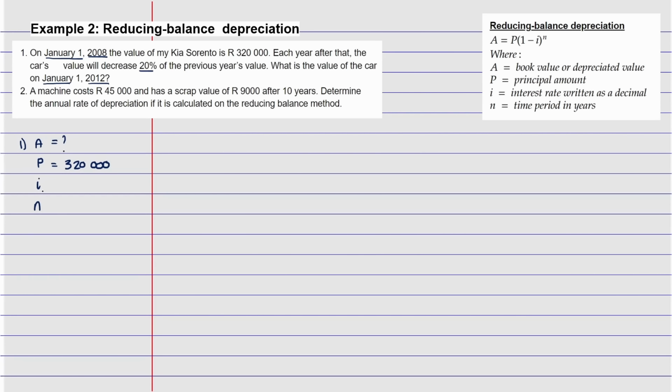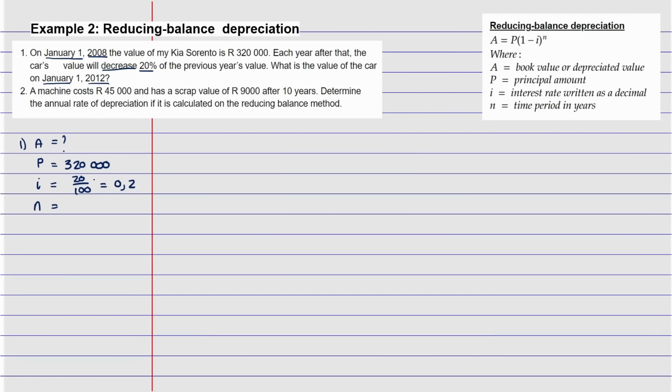I hope that makes sense. So here i is equal to 20%, which is 20 divided by 100, equal to 0.2, because that's how much the car decreases in value each year. Then N is the one we need to calculate.